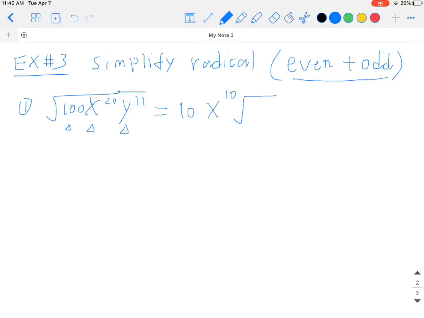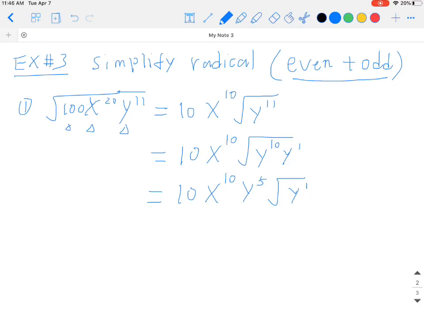Now we have y to the 11, which is an odd exponent, so we have to split it before we take out the part. We split it into y to the 10 times y to the 1. And y to the 10, we can take out as y to the 5. What is left is y to the 1, or just y, inside.